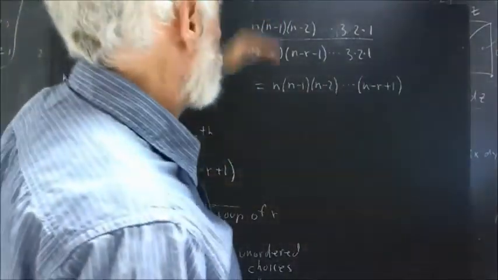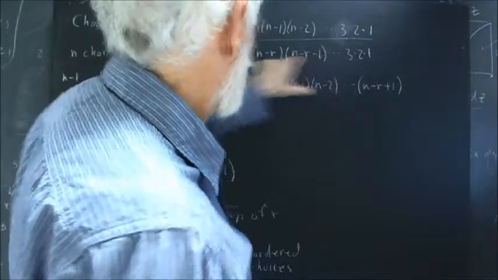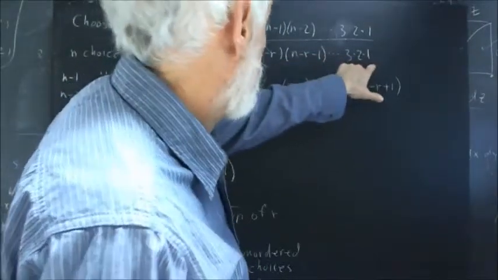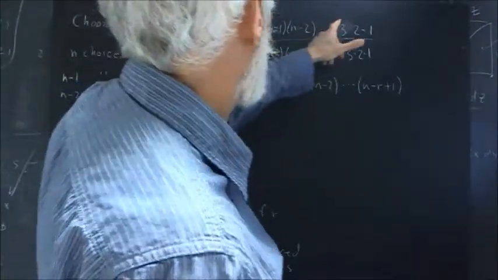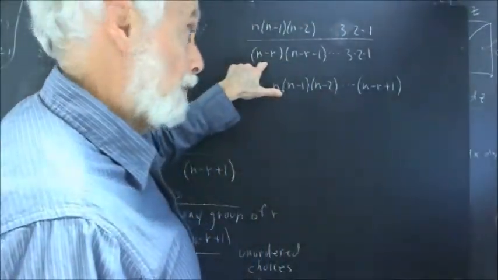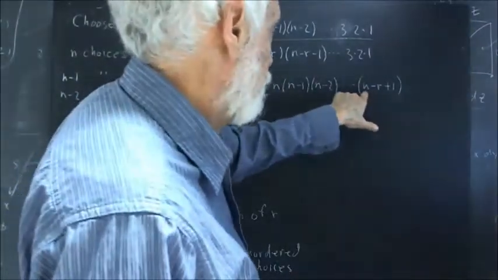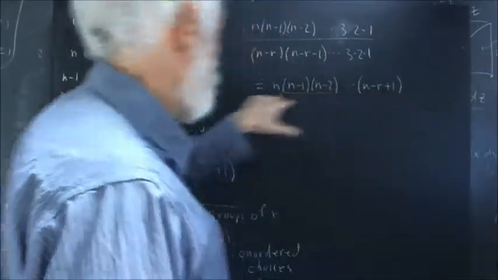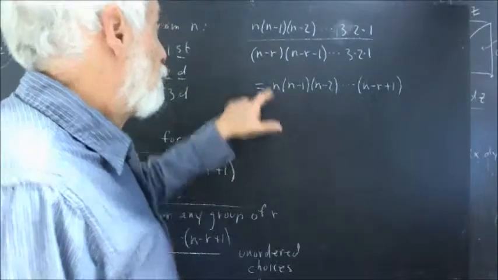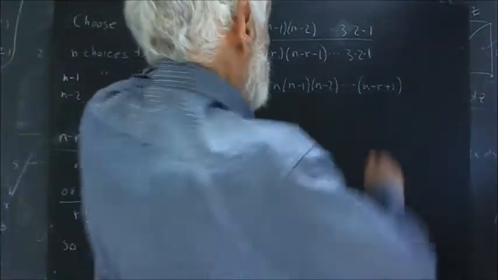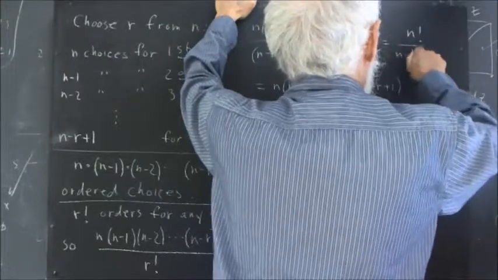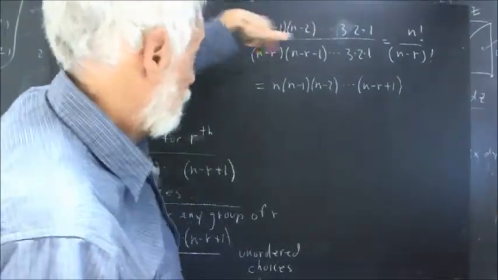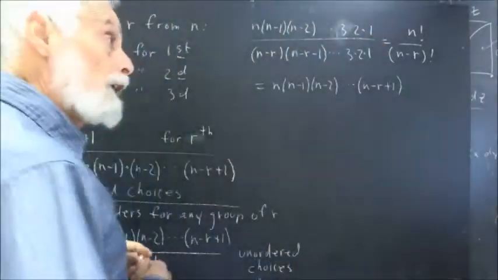If we divide this by this, all the numbers from N minus R down to 1 are going to divide out, and that's just going to leave us only the numbers that are bigger than N minus R. So that's going to be the numbers from N minus R plus 1 on up to N. And of course, this is equal to N factorial over N minus R factorial, because our numerator is N factorial, our denominator is N minus R factorial.